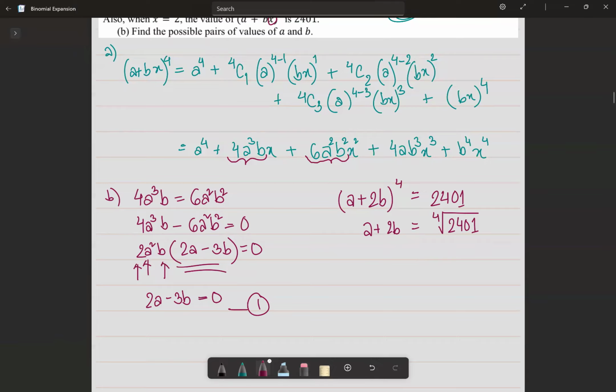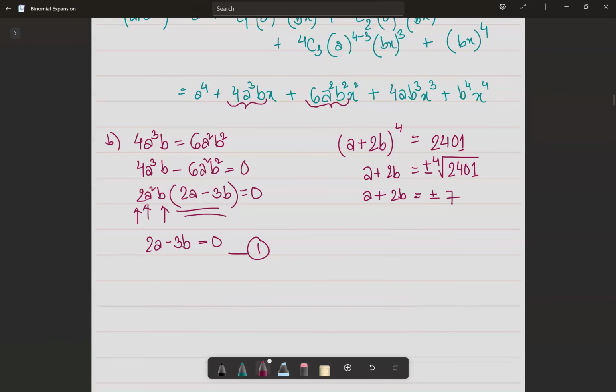We know that for all even powers, 2, 4, 6, 8, 10, 16, 32, whatever power we take, when you do a root, you get a plus minus sign. So you're going to get plus minus the fourth root of 2401. So you get a plus 2b is equal to plus minus 7. So from here, you actually get two equations.